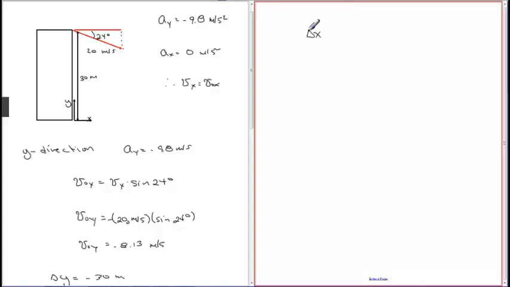V sub x is the same as v0 sub x, and the x component is the adjacent side to the angle, so it's going to be v times the cosine of 24 degrees. We said v was equal to 20, so we have 20 meters per second times the cosine of 24 degrees.